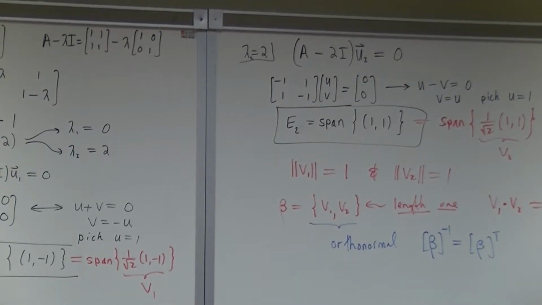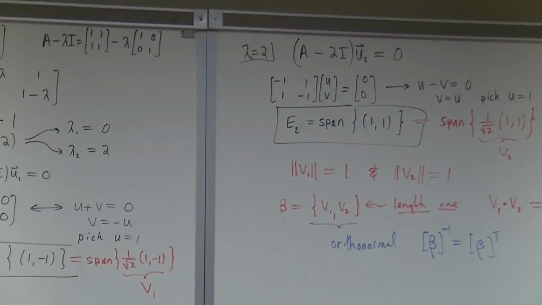But then of course you can do a similarity transformation. You can do beta inverse A beta, which here, with my choice of this orthonormal basis, is just multiplication by the transpose of the basis matrix times A times beta. You don't even have to calculate the inverse, you just have to transpose it, that's awesome. And I can tell you what's going to happen when you multiply this out.